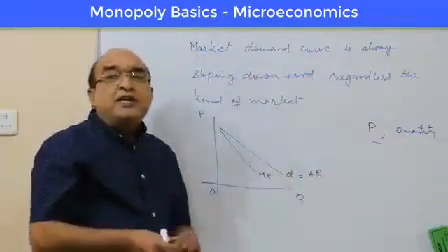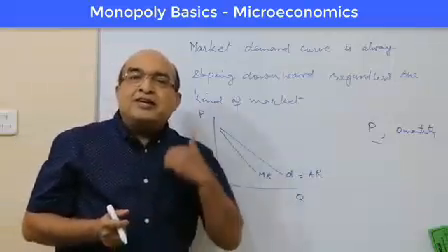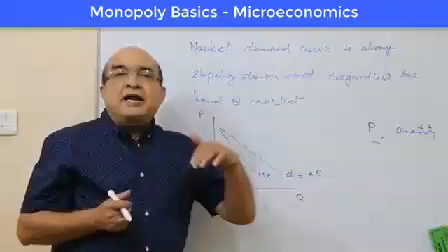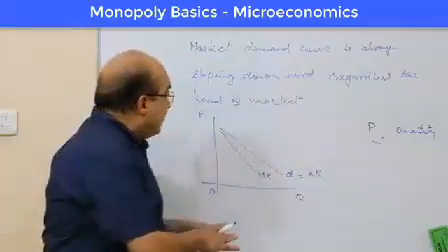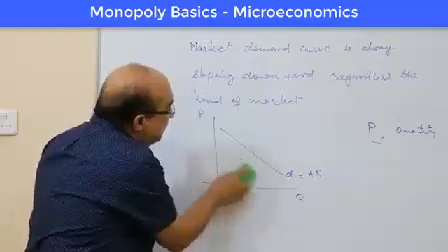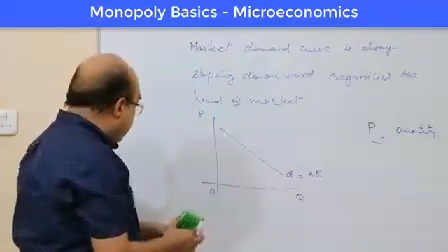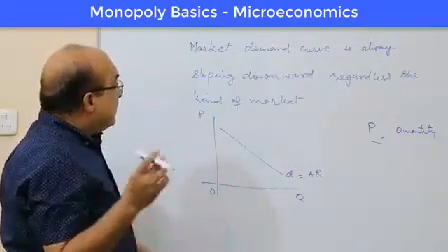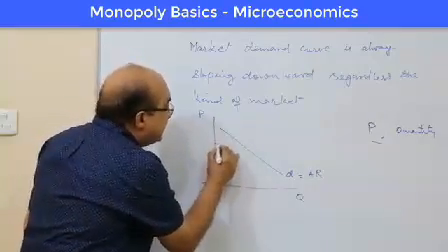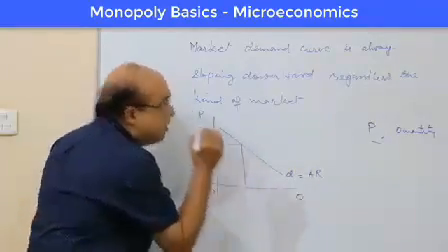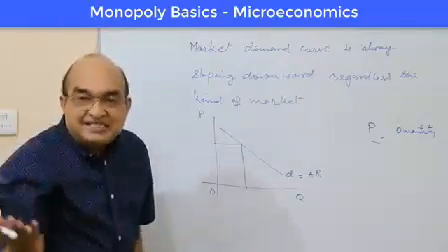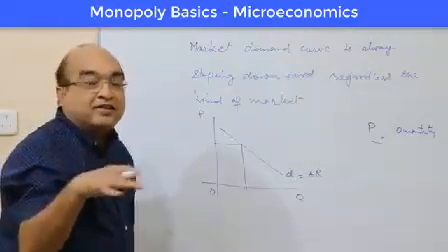It does not mean that a monopoly firm can sell any amount of output and charge any price. The very fact that the monopolist faces a downward sloping demand curve is sufficient indication that in order to sell additional output, it will have to lower the price.